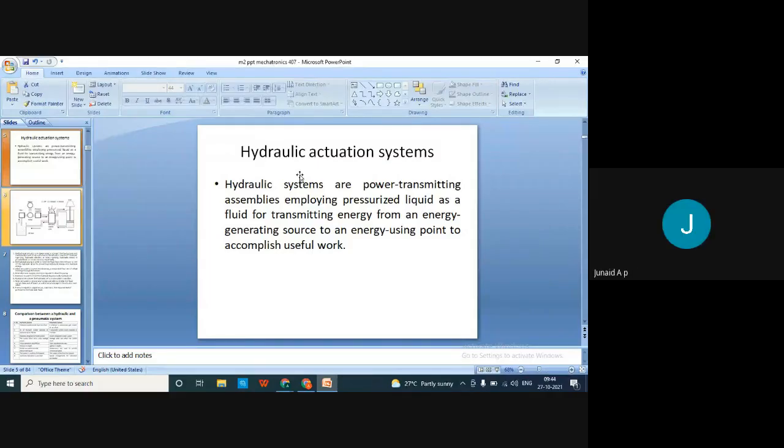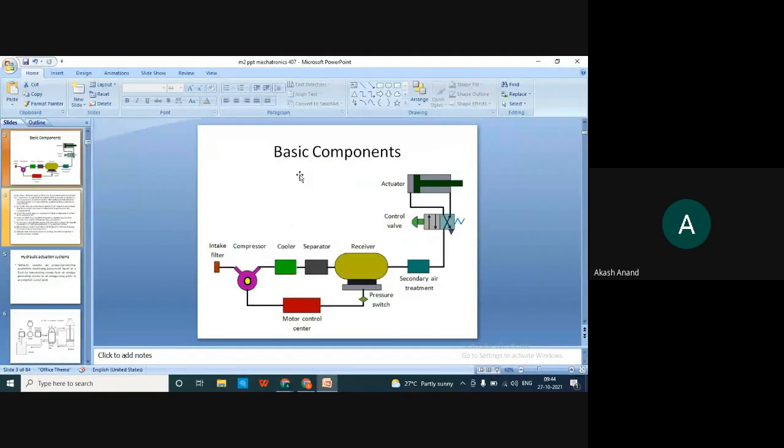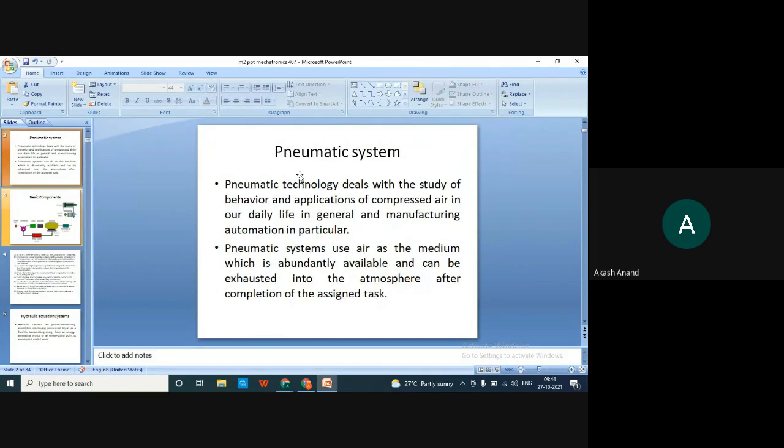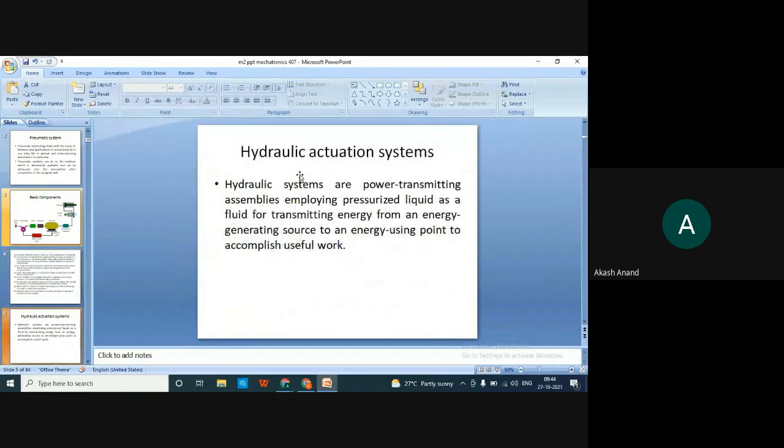Good morning, everyone. In yesterday's class, we were discussing different types of actuating systems. We already discussed the pneumatic system. In today's class, we are going to discuss the hydraulic actuation system.